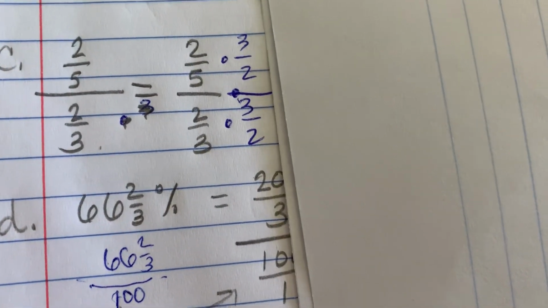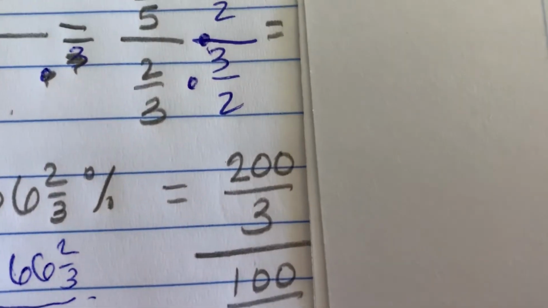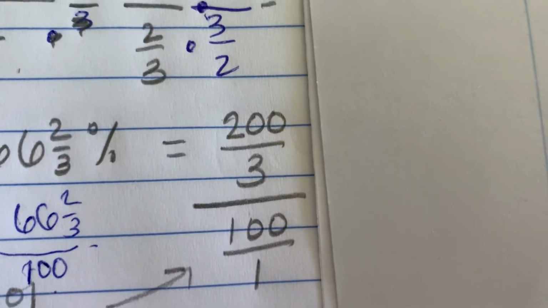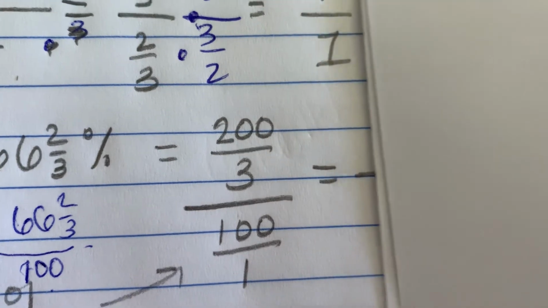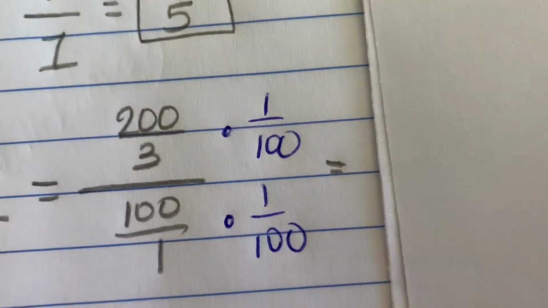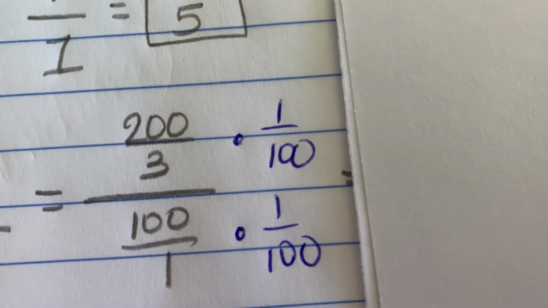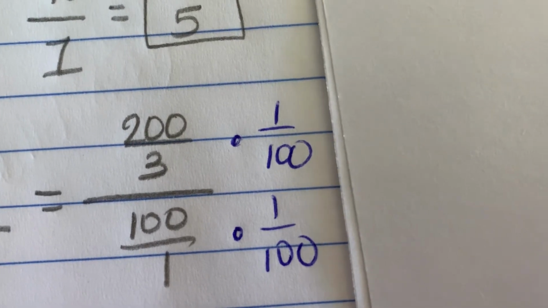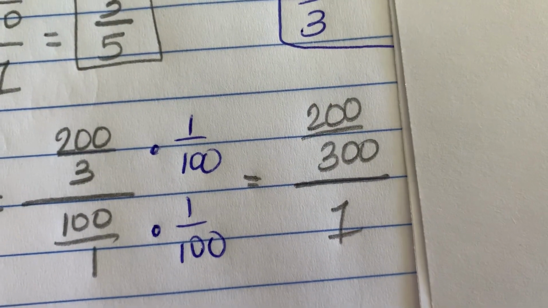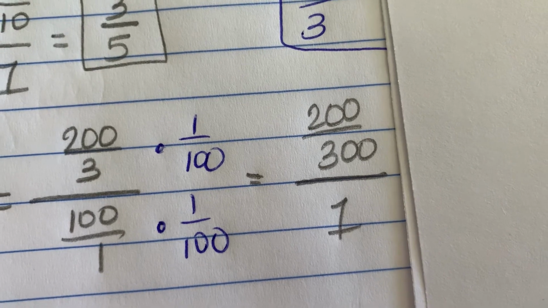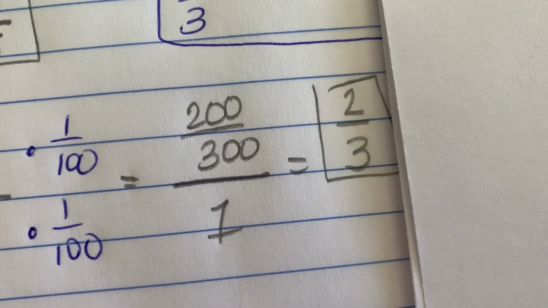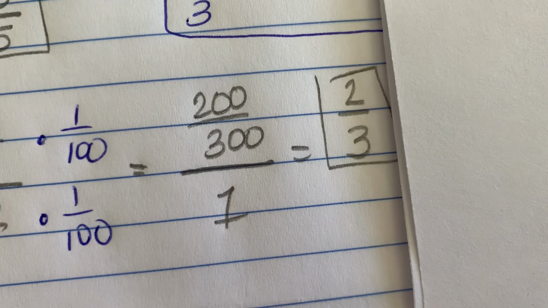So I changed that 66 2/3 to an improper fraction. I put it over 100 over 1. Okay. Then we multiply by 1 over 100. I get 200 3/100 over 1, which I would reduce down to 2/3.